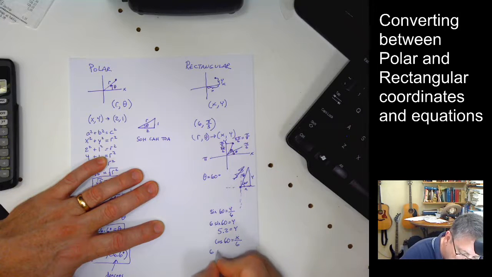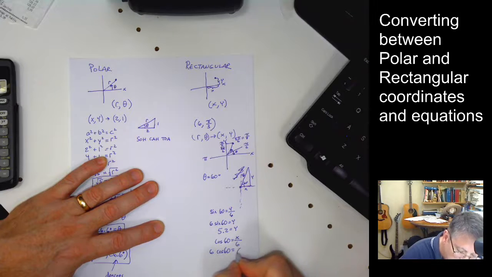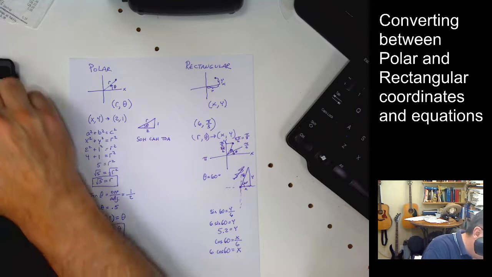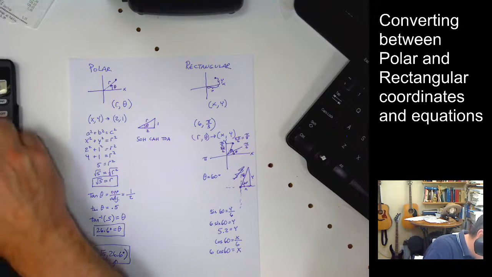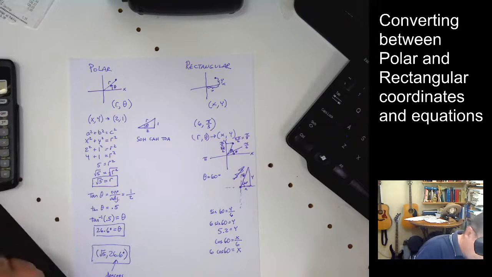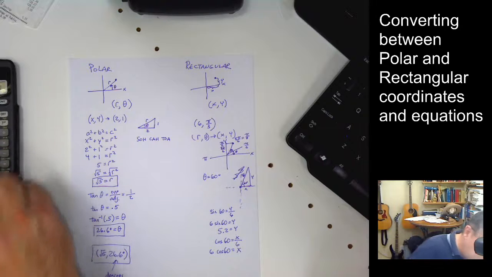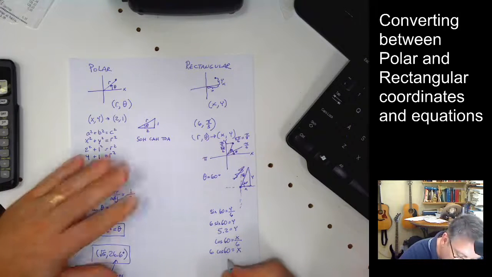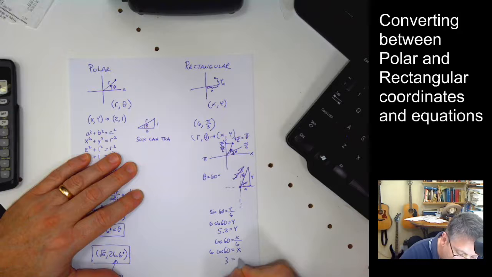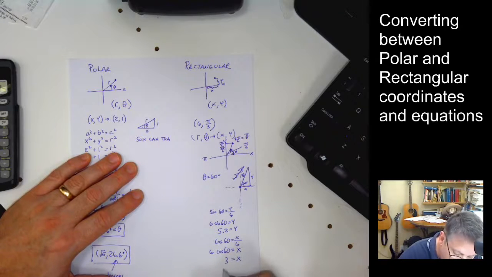So 6 cosine 60 equals x. So 6 times the cosine of 60 equals 3. 3 equals x. So now our final converted form, that's 3, and that is 5.2.